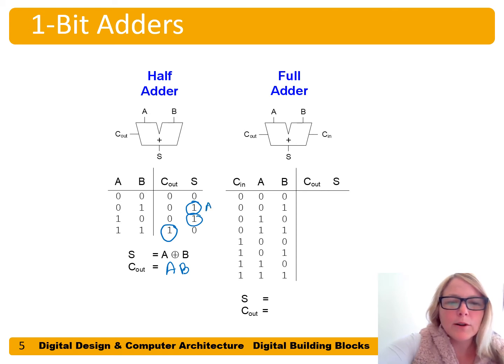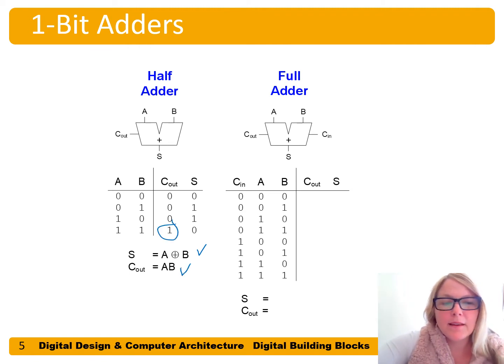This would be A bar B or A B bar, and we recognize that as A XOR B. And then, as we said before, the carry out bit is just A and B. Okay, so now we have equations. We can build those from gates for our half adder.